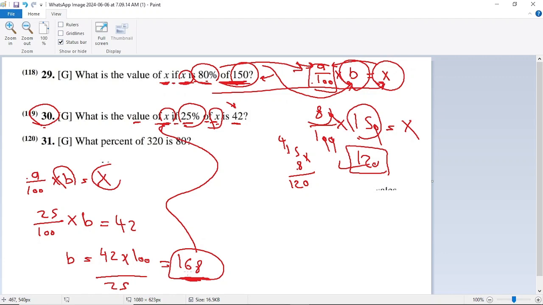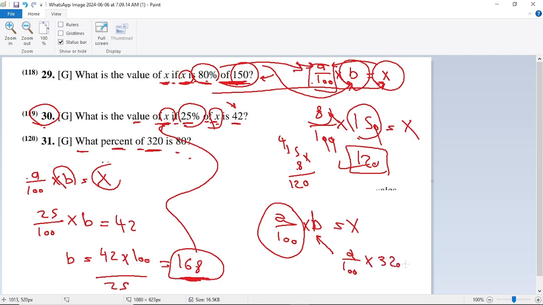So now for the other question, what percent of 320 is 80? So I have the equation A over 100 multiplied by B equals X. It can be x, y, z, whatever. So now here, what is the percent? So we need the percent of 320. The 80 is the result. So that means A over 100 multiplied by 320 will be equal to 80.